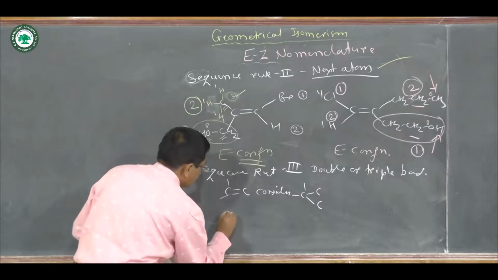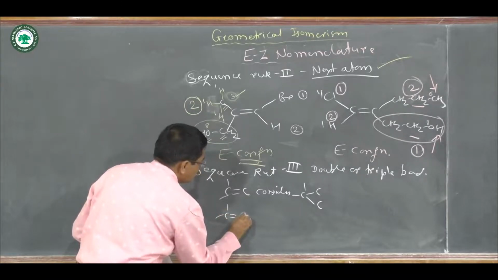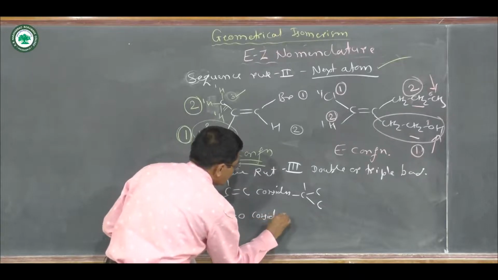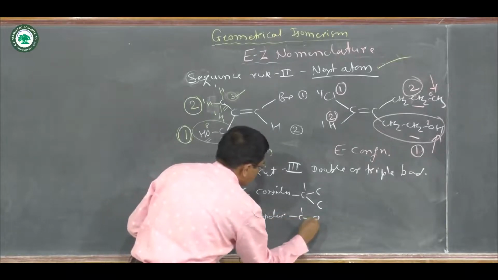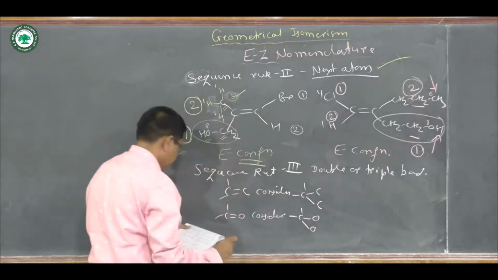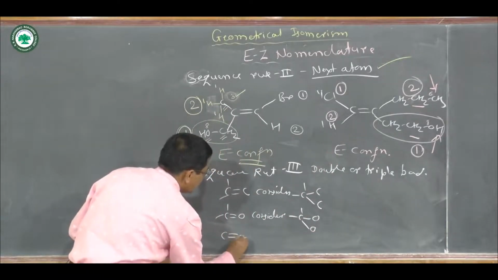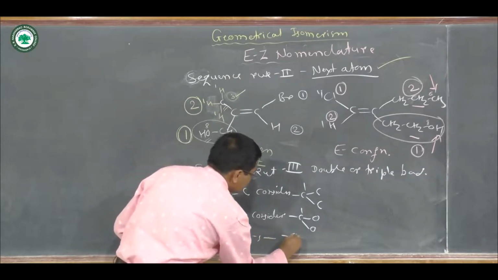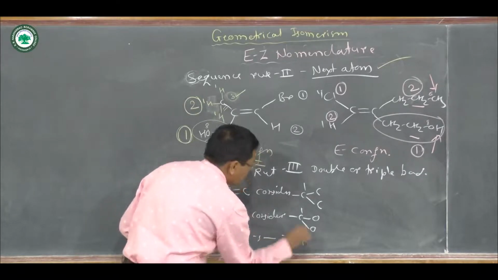Suppose there is a carbon-oxygen double bond, then it is considered as such. Suppose there is a carbon triple bond, then it is considered as carbon and carbon.